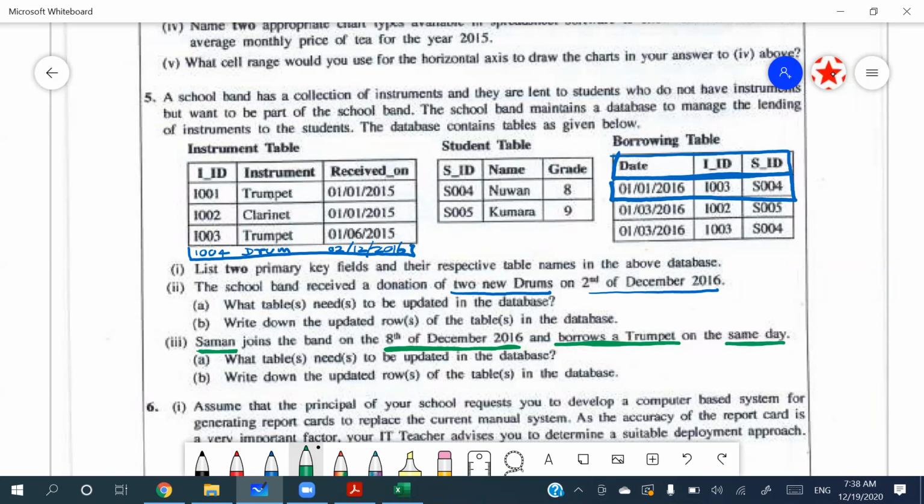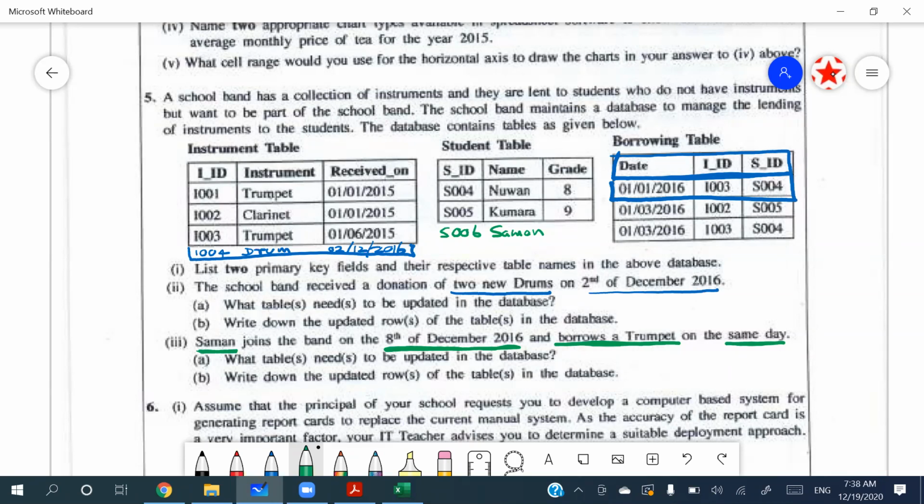When you think about the student table, there are only Nuan and Kumara. Someone is not there, so he joins. So he should have another new value, let's say 006. So Saman should come under here, and they haven't mentioned anything about the grade. I think the marking scheme will give the marks for that.